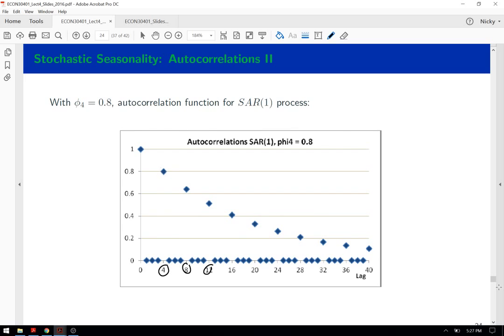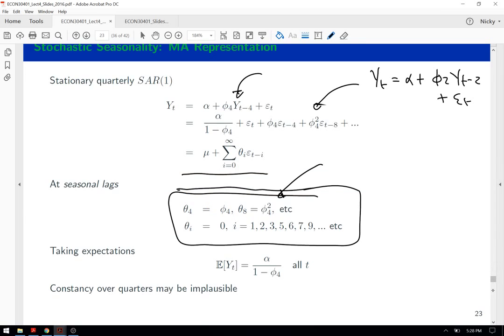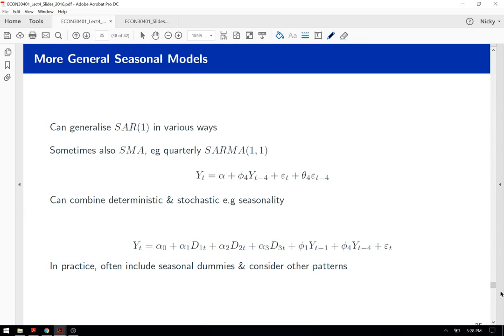So we might think that these correlations coming at these quarterly lags are coming from seasonal factors. We could allow more general models. We might think that the seasonality is driven by Y_t being correlated with its level from a period ago and the shock from last period. We could have this seasonal ARMA(1,1). Or we could combine, which is more realistic.